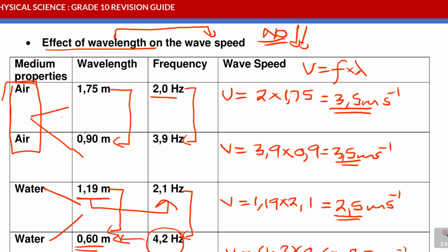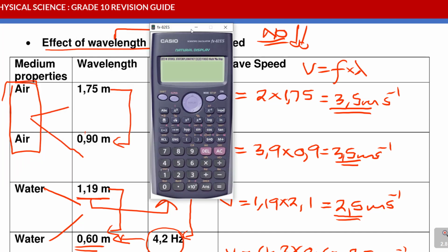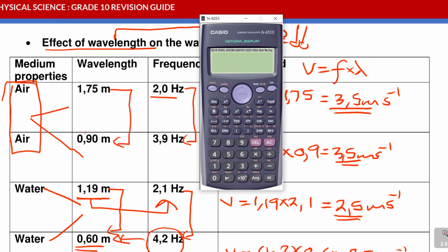Now look at the change. If I take a calculator, I just want you to notice some changes. From 3,9, if I divide by 2, it was almost 1,95, which is 2. Same thing with the 1,75.